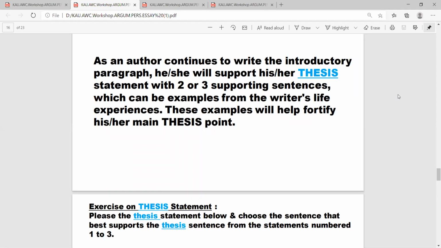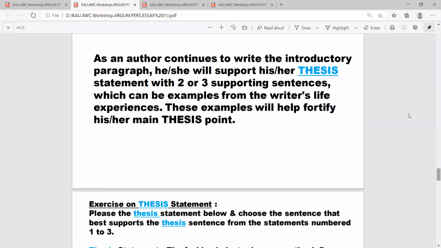Okay, I've already explained this, and quite frankly, dear colleagues, I think you already know this, but I'm just making it clear. This is for lots of types of approaches for other types of essays.